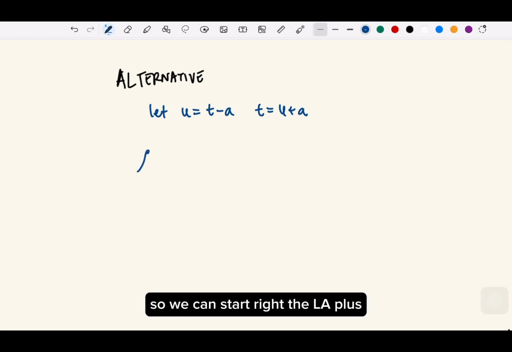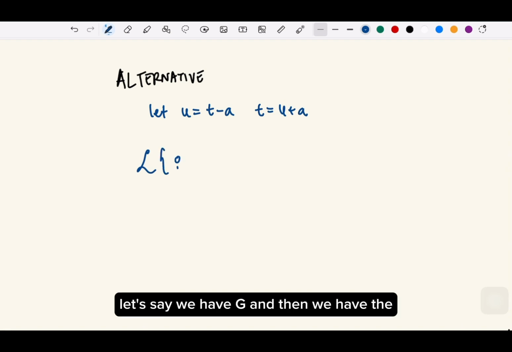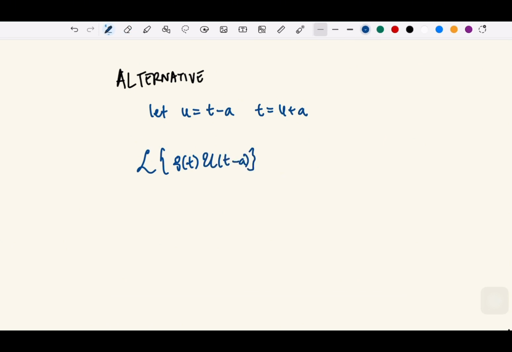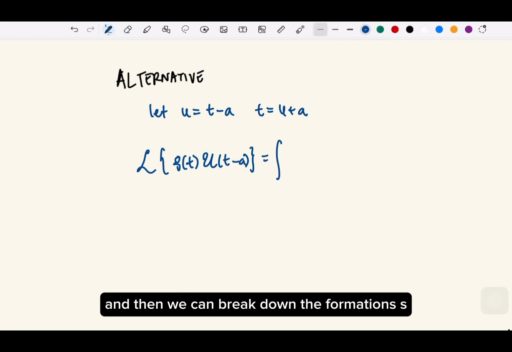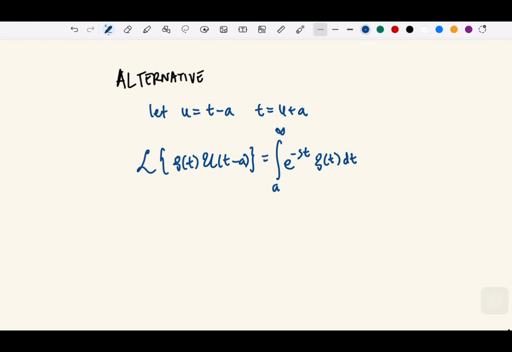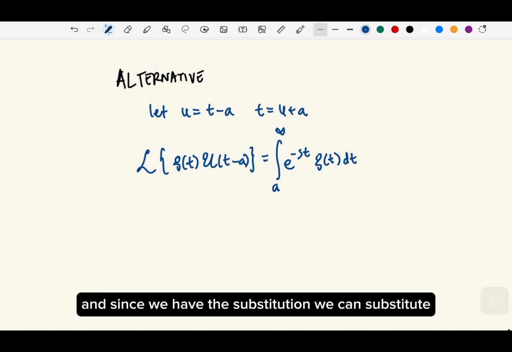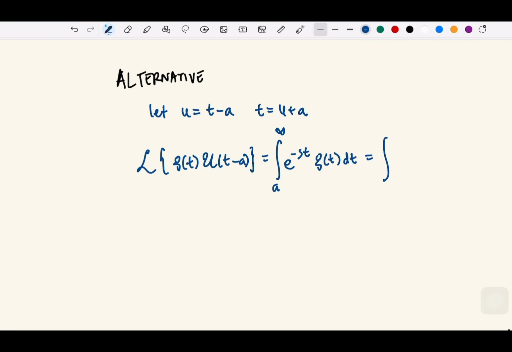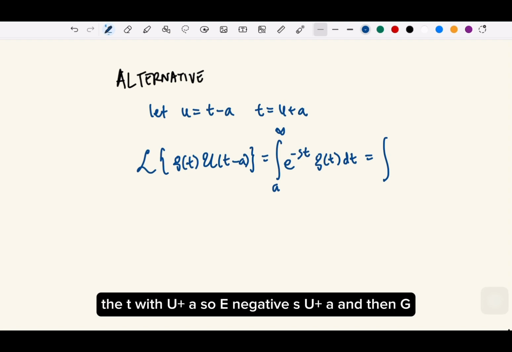So we can write the Laplace. Let's say we have g, and then we have the Heaviside function t minus a, like that. Then we can break down the formulation as the integral of e to the negative st g of t dt. Since we have the substitution, we can substitute t with u plus a.